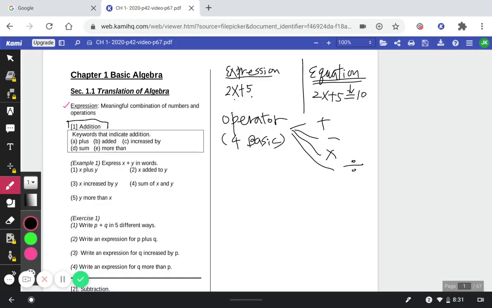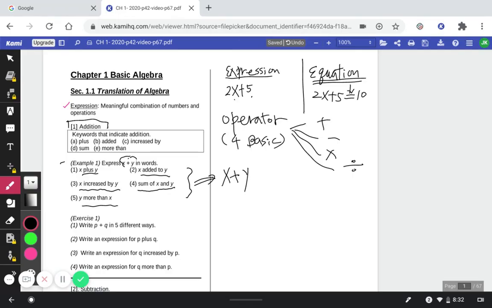So in example 1, to express this in words, we say x plus y, x added to y, x increased by y, sum of x and y, y more than x. Okay? All of this, if you translate it into an expression, is x plus y.